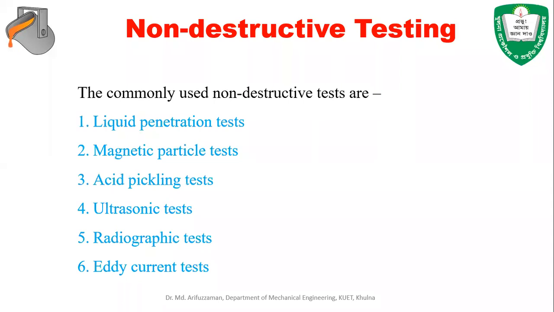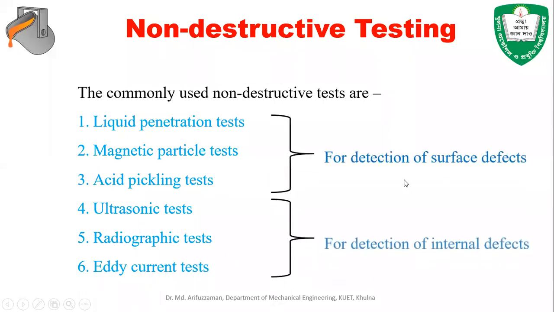So the commonly used non-destructive tests are liquid penetration test, magnetic particle test, acid pickling test, ultrasonic test, radiographic test, and eddy current test. Among them, there are two different types of techniques. First one is for detection of surface defects, and the second one is for detection of internal defects.